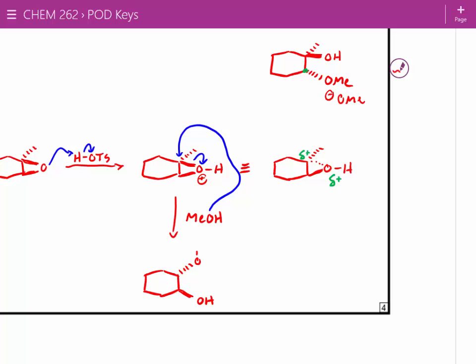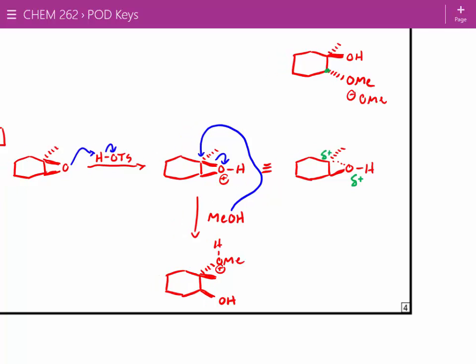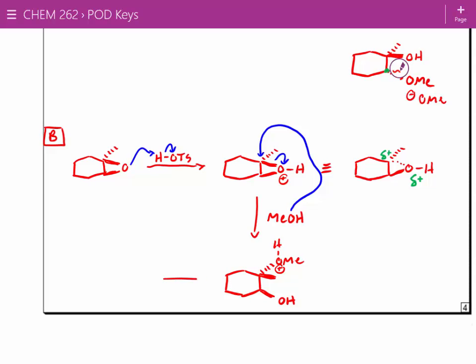Our methanol that added in attacked from that back face, and we're not quite done yet. What else do we need to do? Deprotonate. So if we've got methanol, this can act as a very, very weak base. Grab a proton and form our final product.